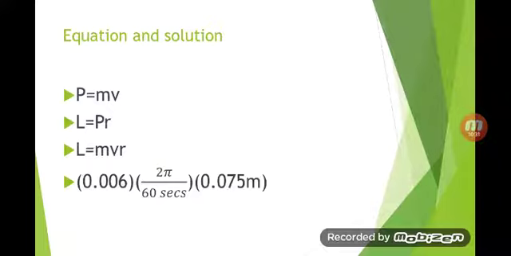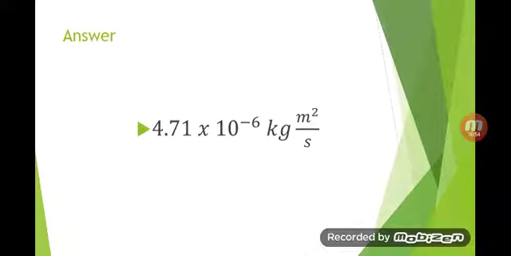So angular momentum is equal to momentum times r, which is simply mvr. So just multiply everything, which is 0.006 times 2π over 60 seconds times 0.075 meters, and you'll get the final answer, which is 4.71 times 10 to the power of negative 6 kilogram meters squared per second.